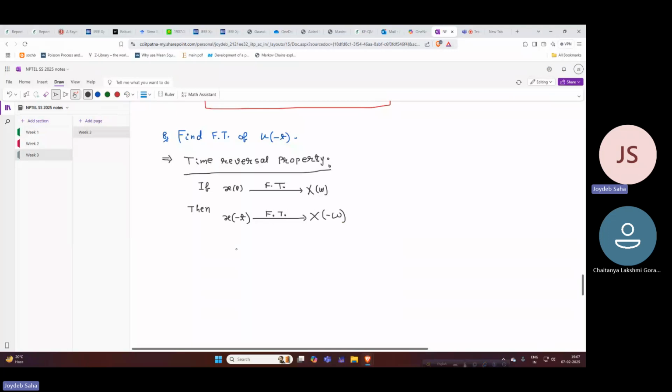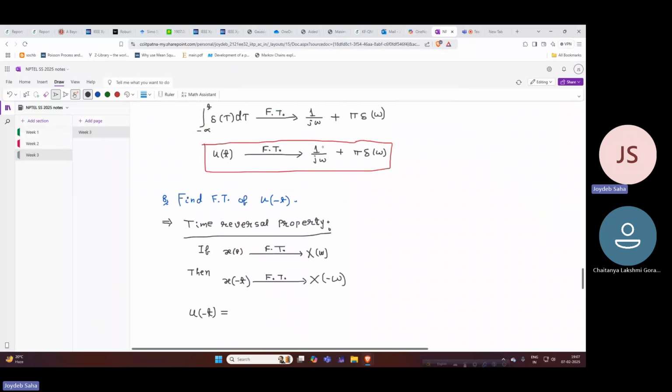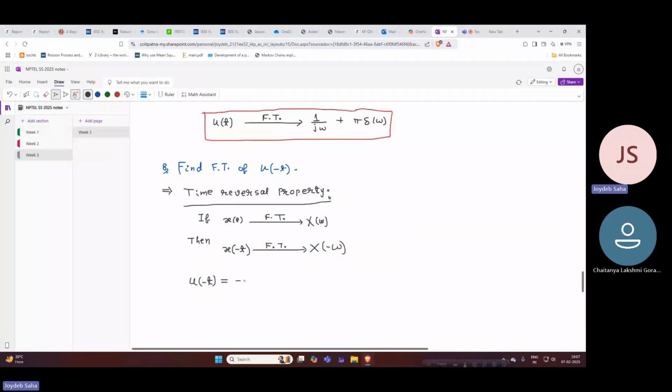Okay, so if we apply time reversal, then we will get u of minus t is equal to, we have this minus 1 upon j omega plus pi into delta of minus omega.